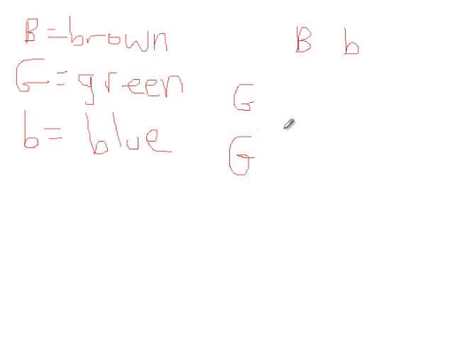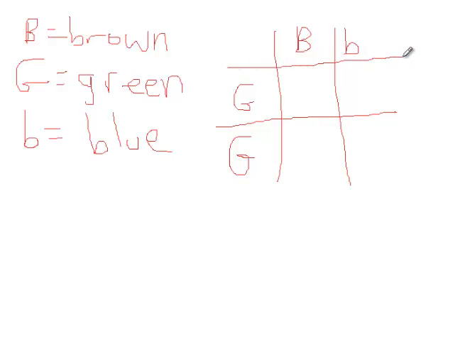Now, if you wanted to know what the child would be, you would draw a little Punnett square and take the 4 combinations. In this box, you've got a B and a G. This one is G and B. This one is also BG, and this one is also GB.